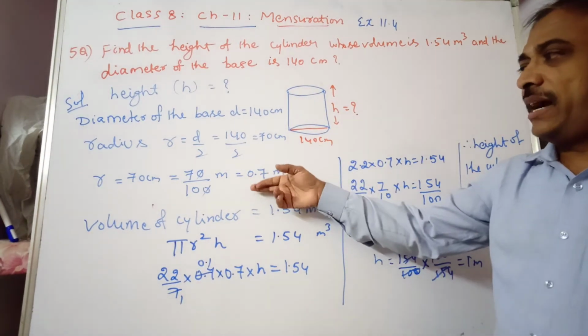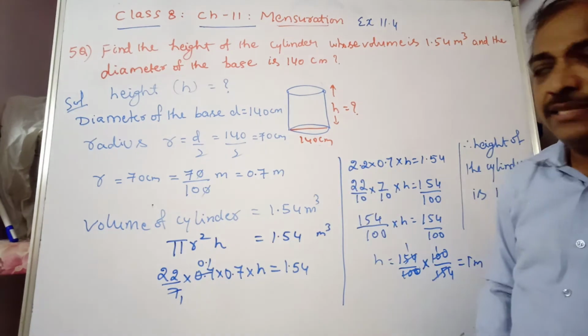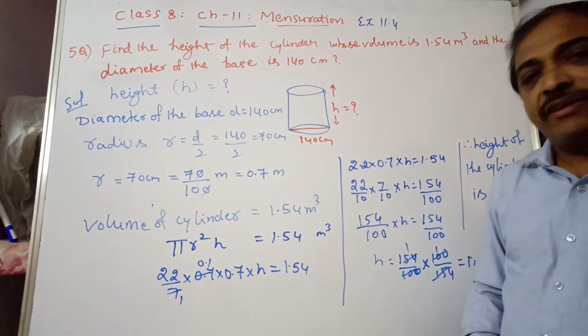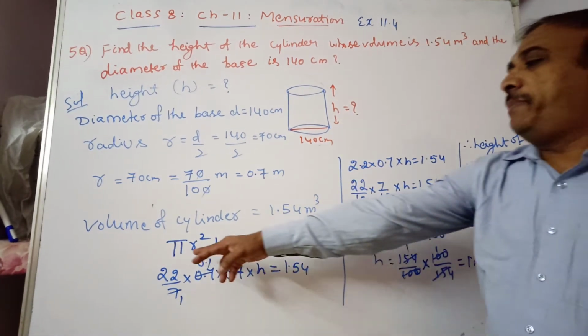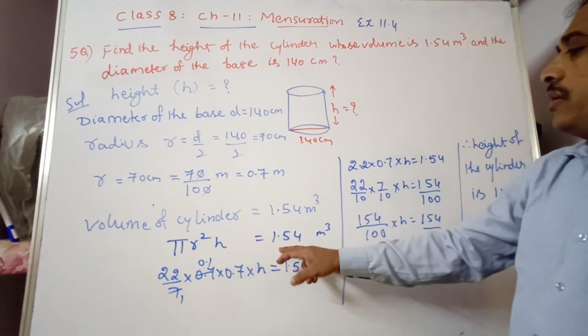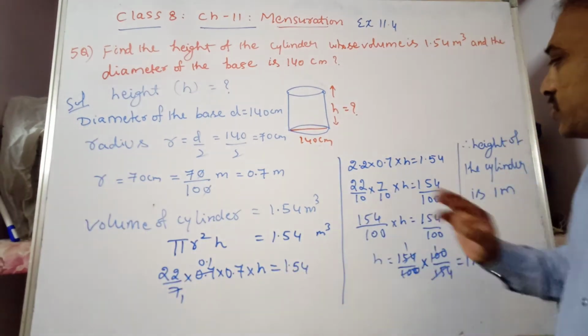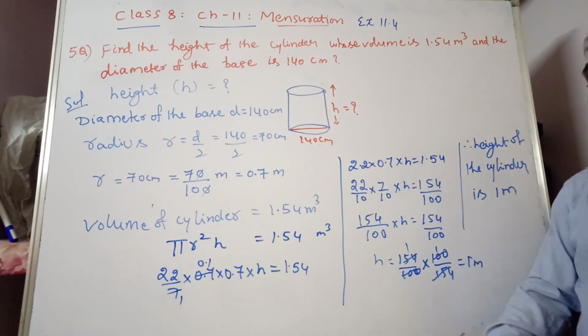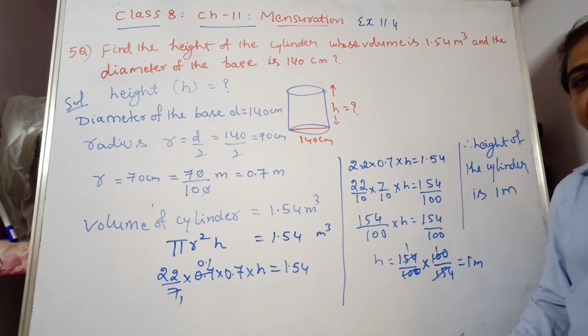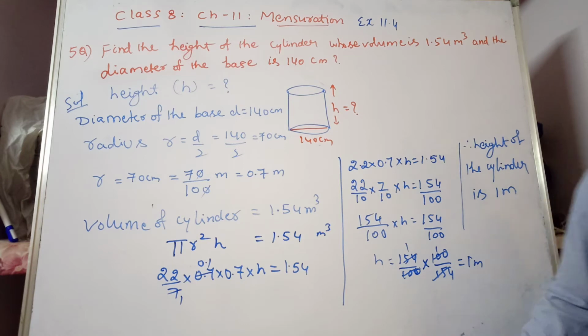We converted the diameter. First we found the radius, which is equal to 0.7 meters. Then volume formula, base area pi r square into h, 1.54. So pi r square into h is equal to this. Then we got its height. Is it clear, students? Understood?